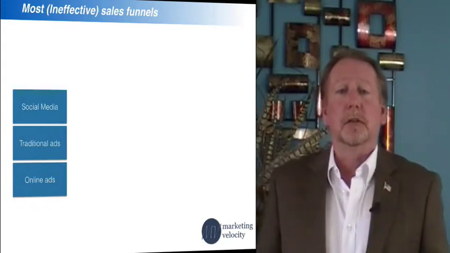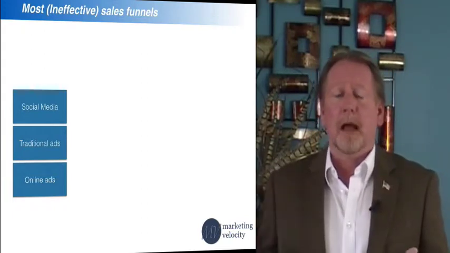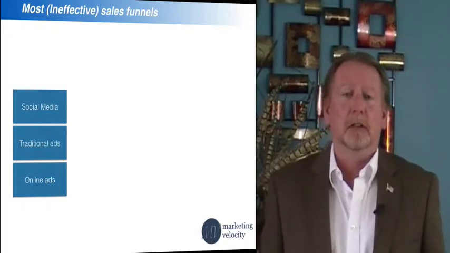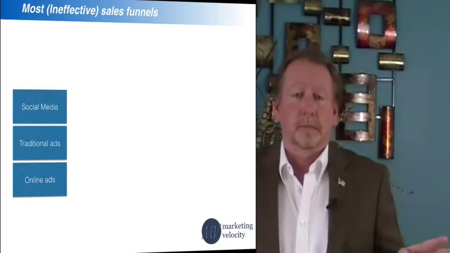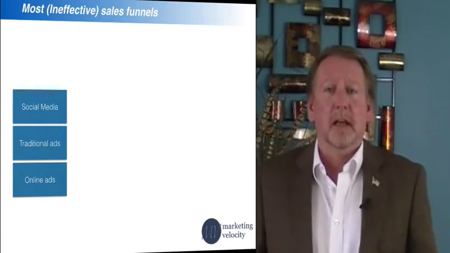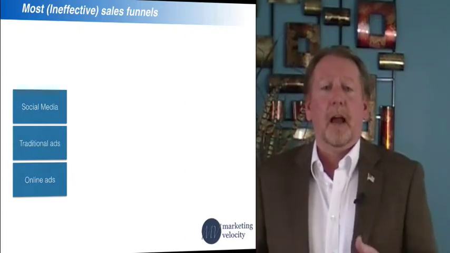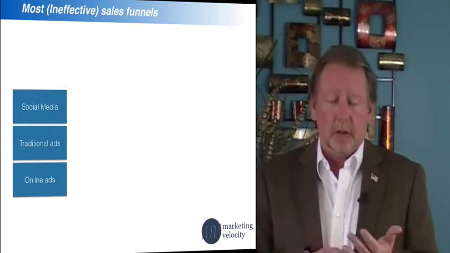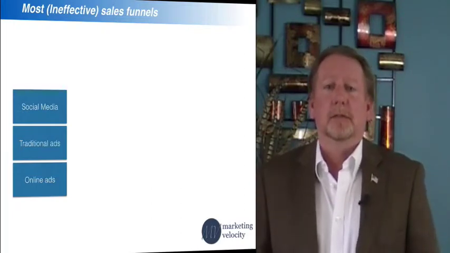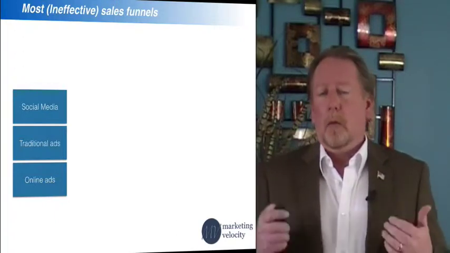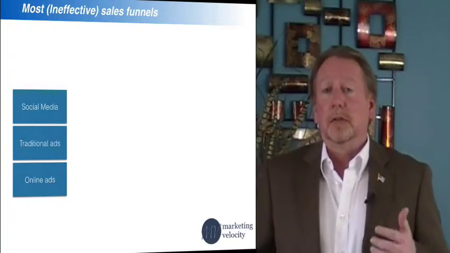People can also be doing traditional ads. So that's TV, radio, magazines, newspaper, telephone books, billboards, all the advertising that people are used to seeing. And then they might be running online ads, so Google ads, Facebook ads, banner ads on other websites. But what do all those ads do?